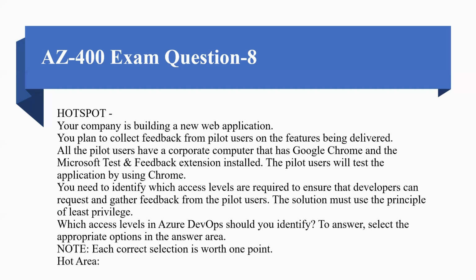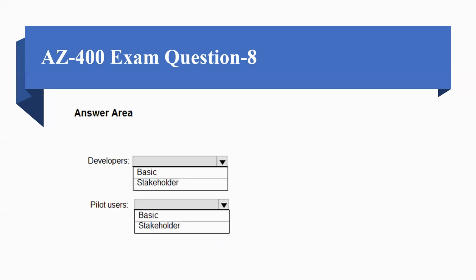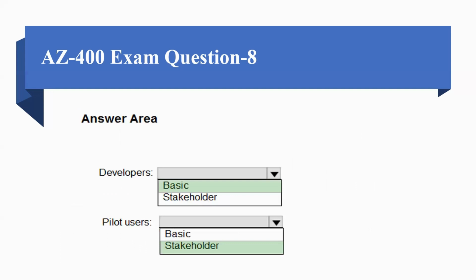You need to identify which access levels are required to ensure that developers can request and gather feedback from the pilot users. The solution must use the principle of least privilege. Which access level in Azure DevOps should you identify? Developer: basic or stakeholder, and pilot user: basic or stakeholder. And the correct options would be: developer will use basic and pilot user will use stakeholder.